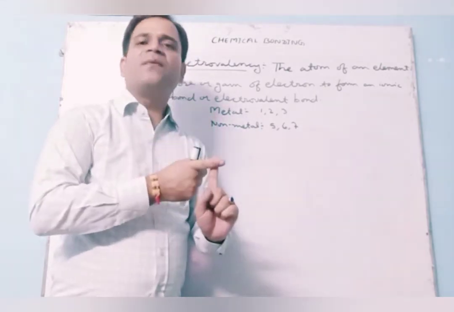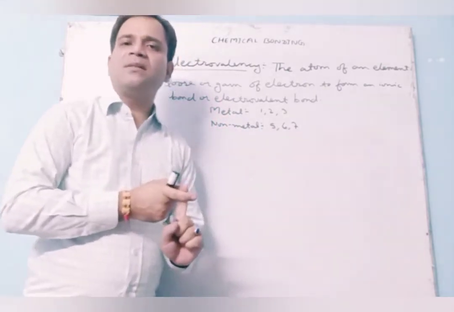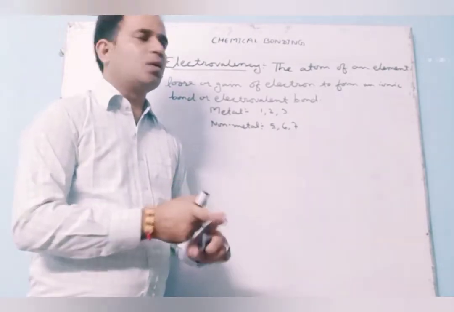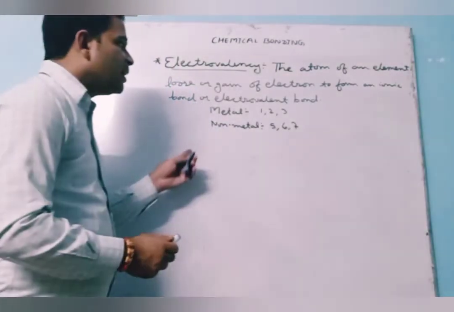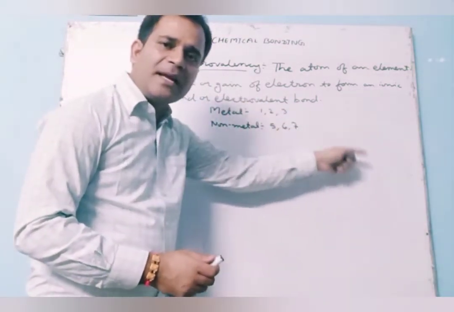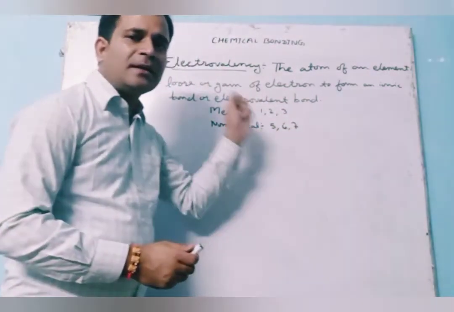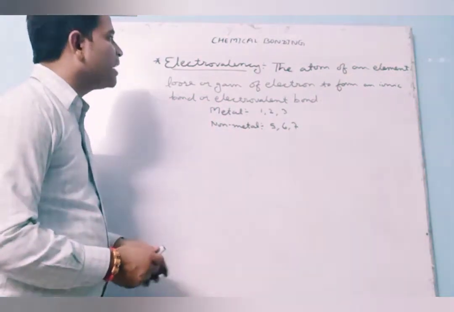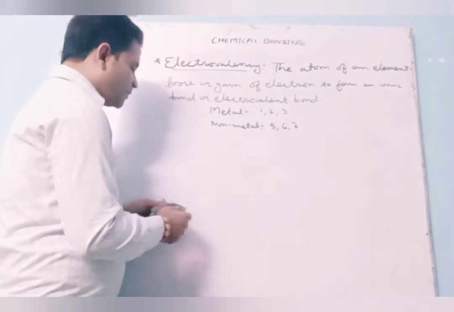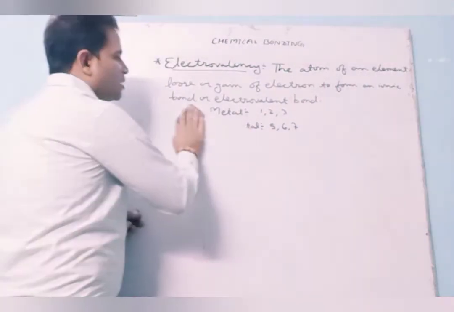The bond formed there is termed an ionic bond, or the electrovalent bond. Whatever electrons are lost or gained, that number is termed electrovalency.